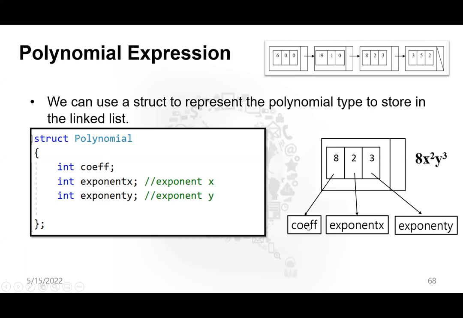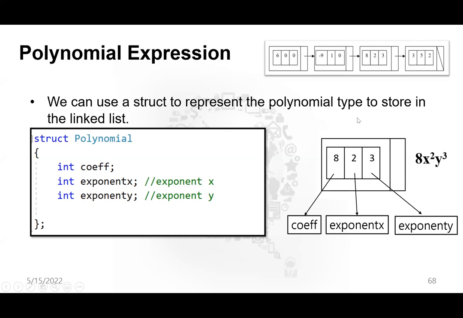So this 8 here is the value for the coefficient. And then exponent x, the power for the x, is 2. And for exponent y, the power is 3, so I just put 3 here. So this is how we represent the expressions inside the polynomial.